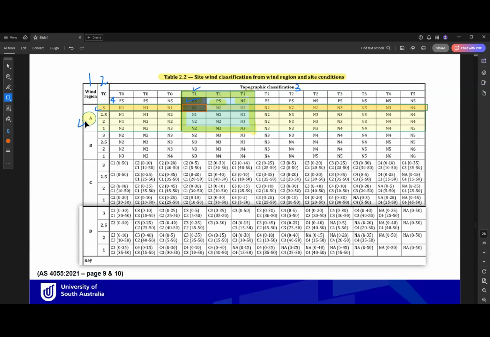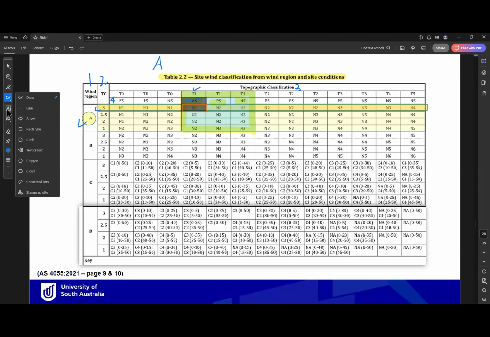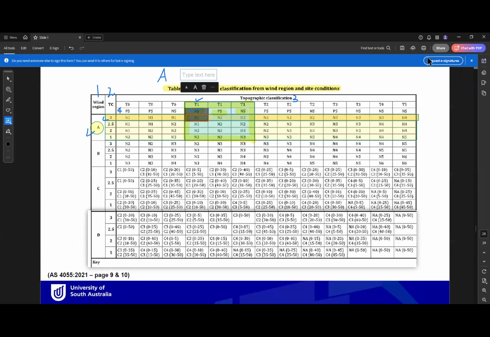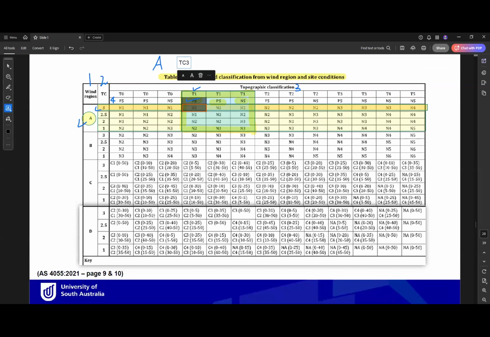So for wind region A, TC3, T1, and full shielding FS, what is the final classification?